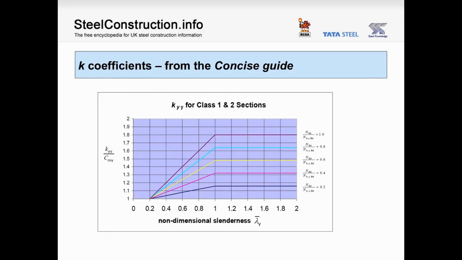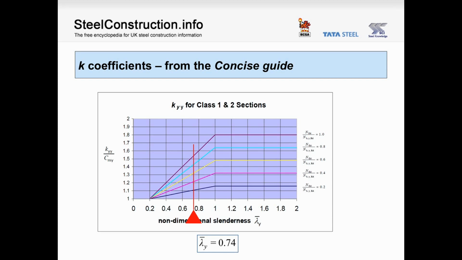We can calculate the same value using a graphical approach. Looking at one of the figures from the concise guide, here is that very same factor KYY plotted for various values of lambda bar y. Lambda bar y, according to our calculations, was 0.74, so that's the position established on the figure.